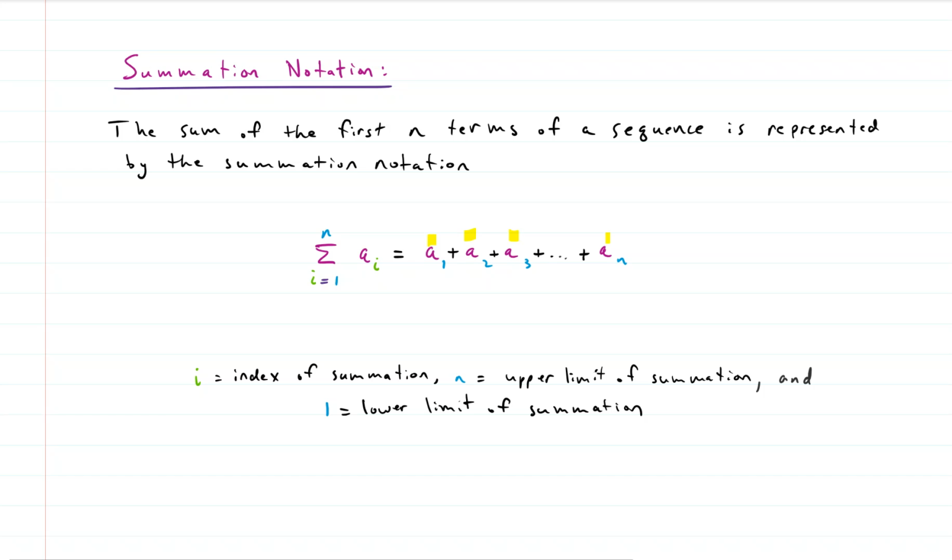But what if we decided we wanted to write these a little more generally, and say this was A sub I, this was A sub I, and all of these were A sub I, and we wrote N of these A sub I's. And then what if we said, since they're all A sub I's, let's just write one of them, and we'll say I is going to go from 1 to N. 1 is the lower limit, and N is the upper limit of the summation.